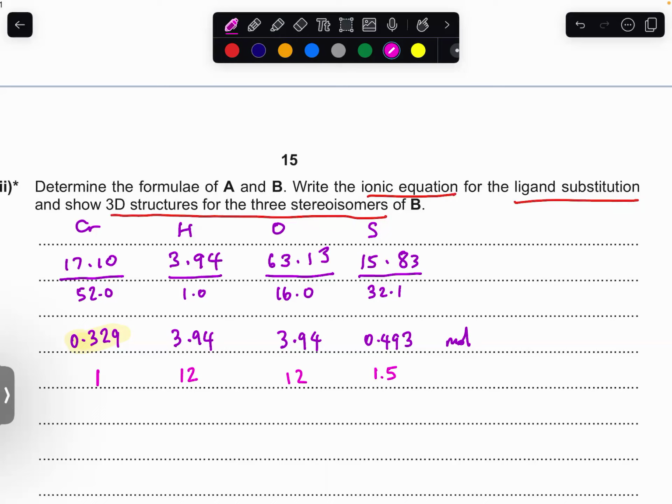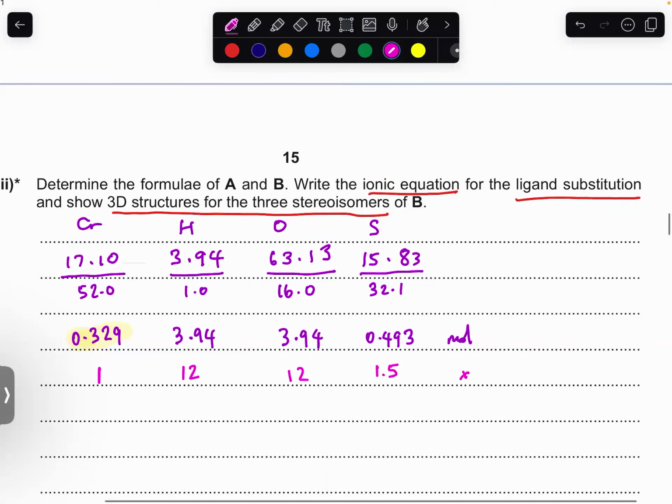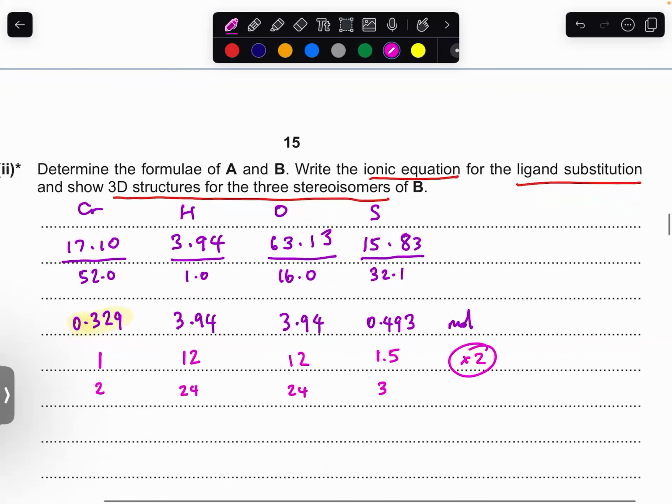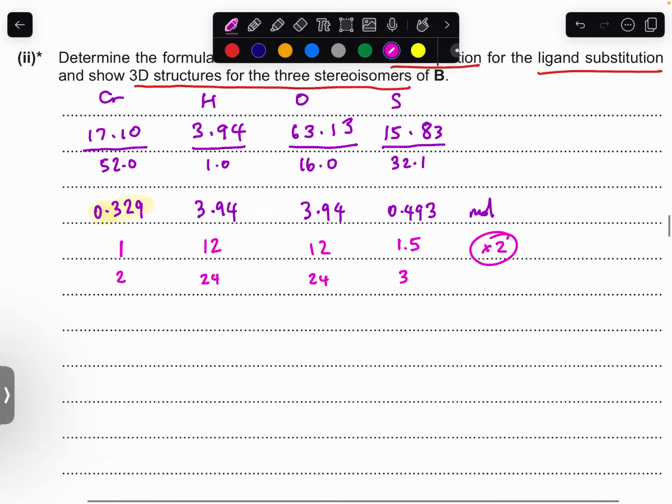Because of that, we need to work with whole numbers, so we just double everything up. That becomes 2, 24, 24, and 3. So the empirical formula will therefore be Cr2H24O24S3.